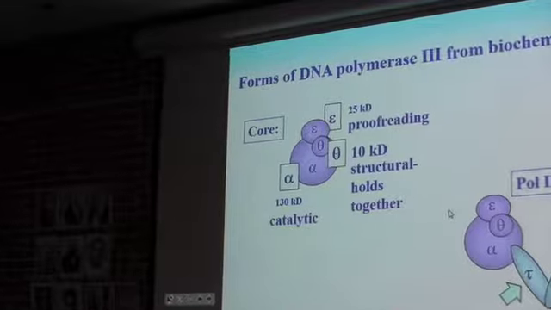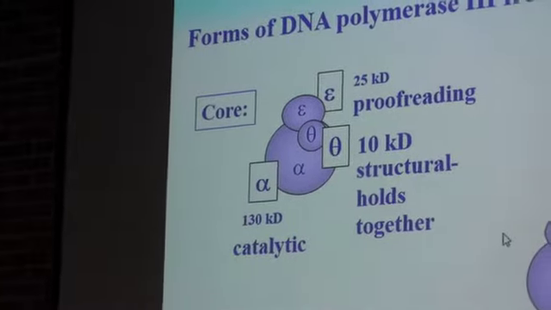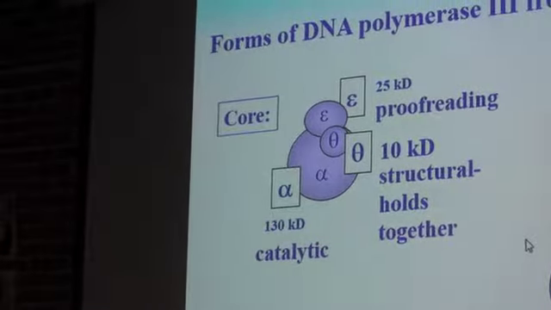Okay, so this is the diagrammatic view of Pol 3. These are complexes, some of which can be isolated biochemically in various sedimentation assays and purification schemes. These are natural clustering affinities that represent the holoenzyme. So you see, this thing is much more complicated than most of the other polymerases. I mean, than all of them, but DNA Pol 1, for example, that we talked about, just has one subunit, right?